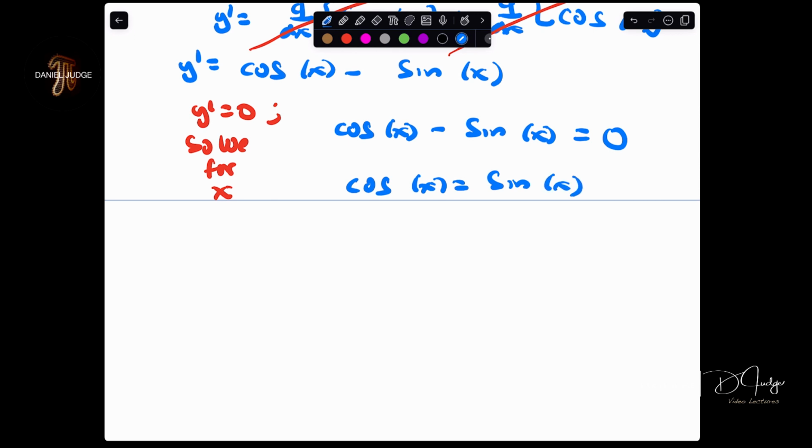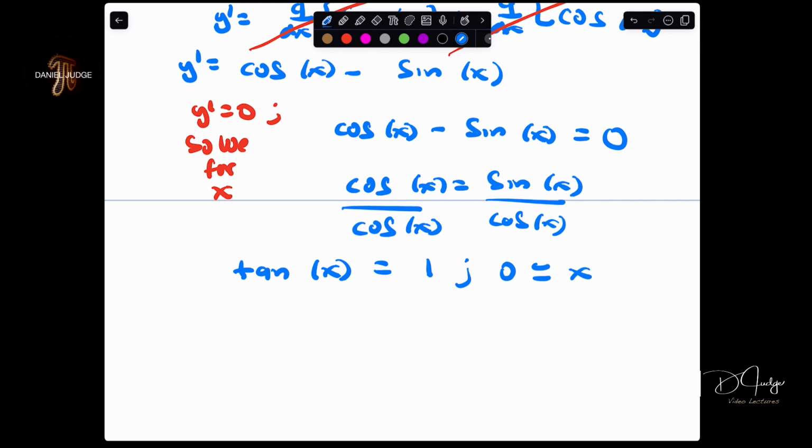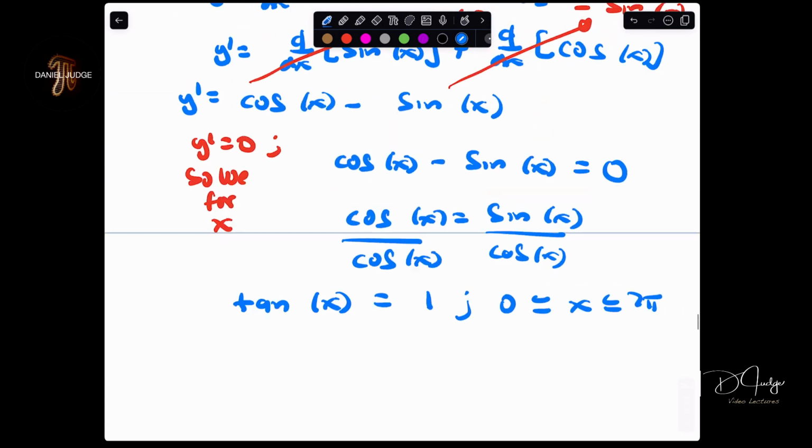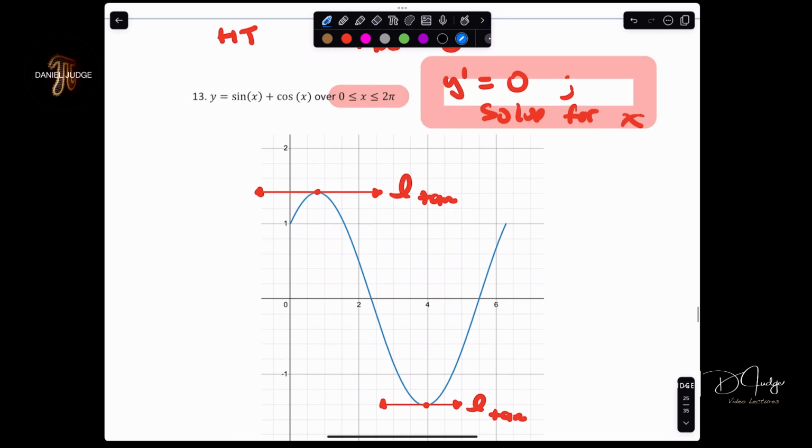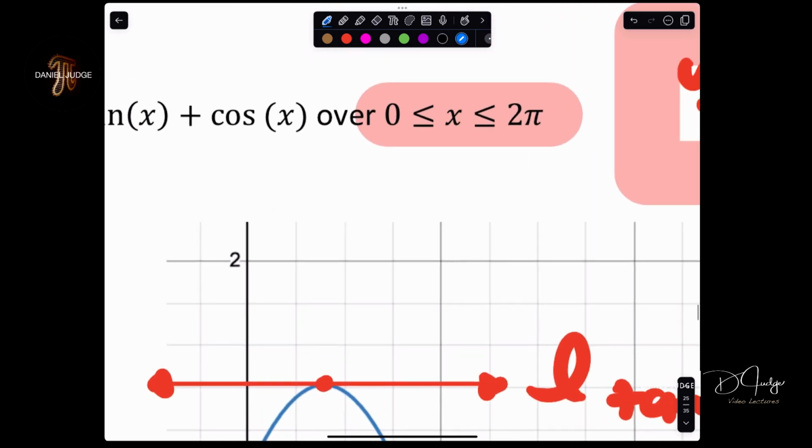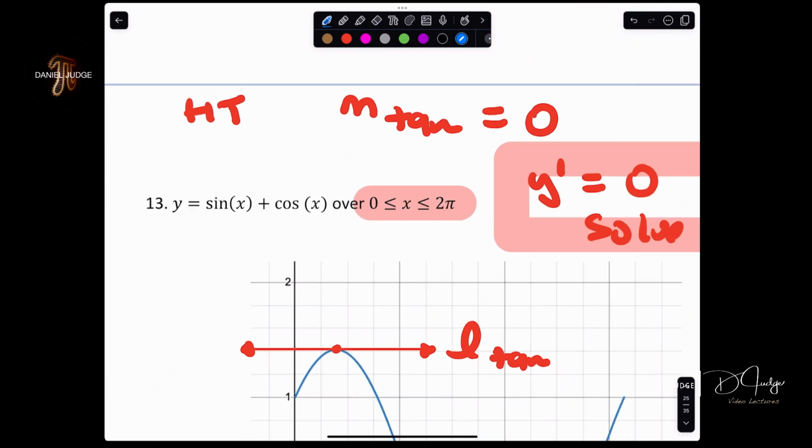And if I divide both sides by cosine, on the left I get 1, on the right I get tangent. So we have tangent x is the value 1. And this is over 0 to 2 pi, a restricted domain here. So they gave us a restricted domain. That's an important detail.